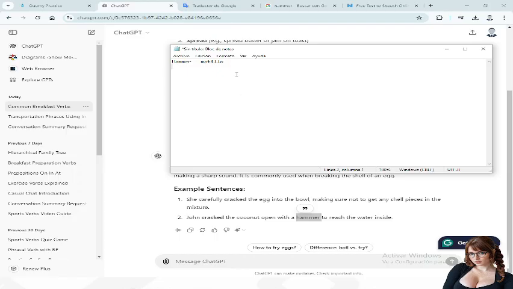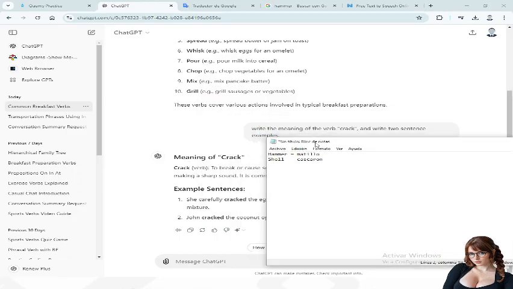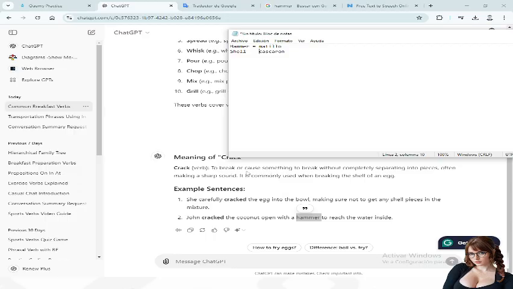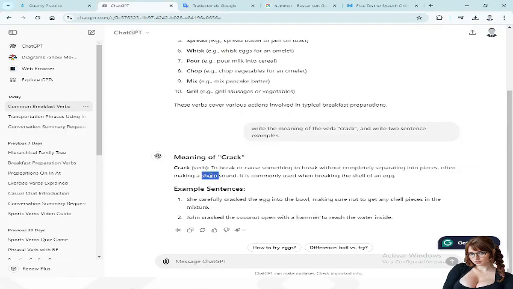Okay, another word, shell. Remember that this is the meaning in Spanish. What other word? Sharp.